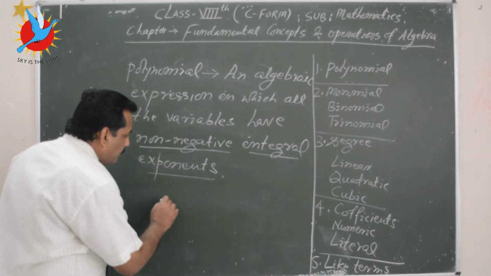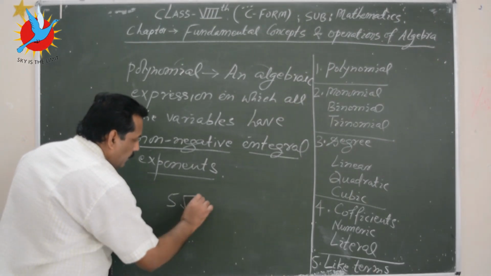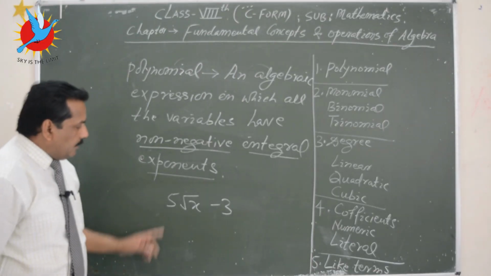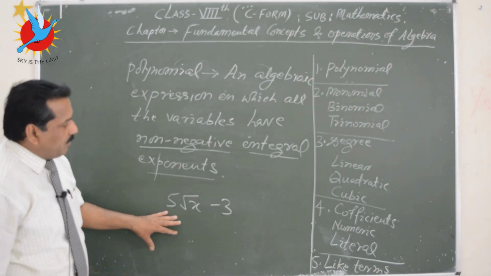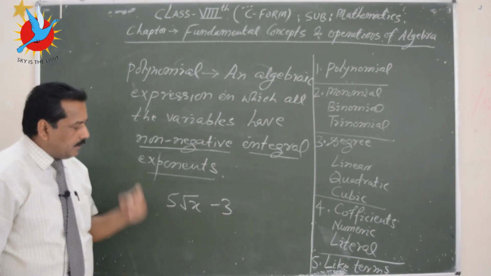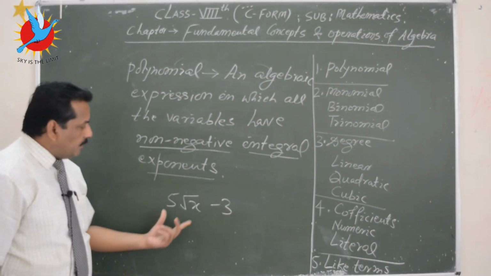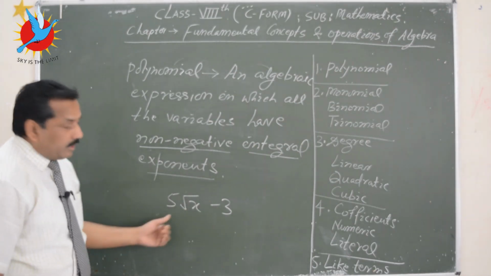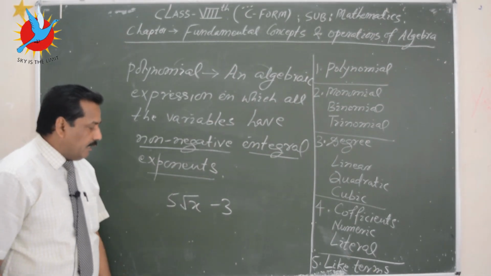For example, 5 root x minus 3. This is an algebraic expression. This is the variable, this is a constant. How many terms are there? There are 2 terms separated by a minus sign. What about the variable? Here x is the variable.